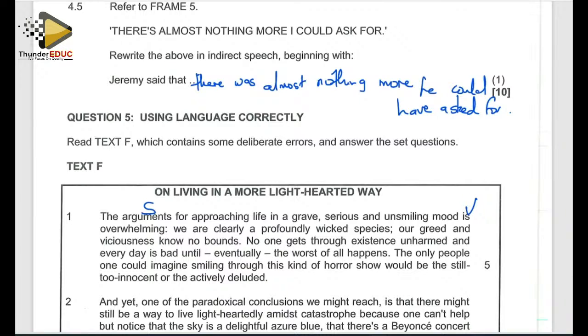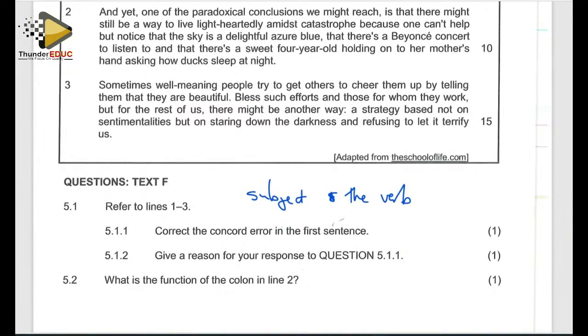Arguments is. Arguments are. So our verb is in the wrong form, and therefore it must be are. So our subject-verb agreement is supposed to change to are. That is our concord error for 5.1.1. So is supposed to be are. Give a reason for your response to question 5.1.1.